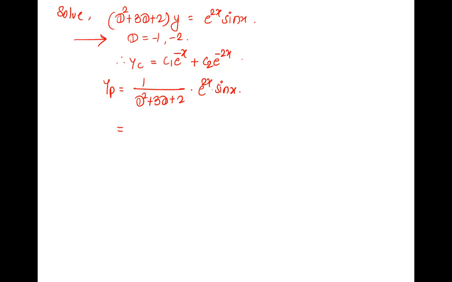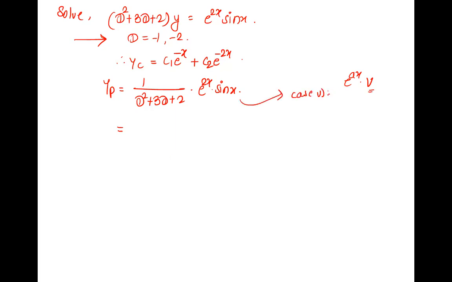You have to check. Case 1, only e, no. Case 2, only sine, no. Then we have one case, e raised to ax into v. Is it that case? E raised to ax into any other function? Yes, this is case number 5, correct.